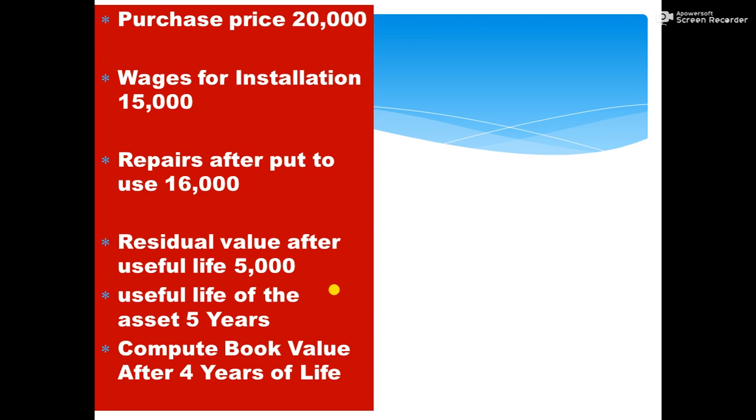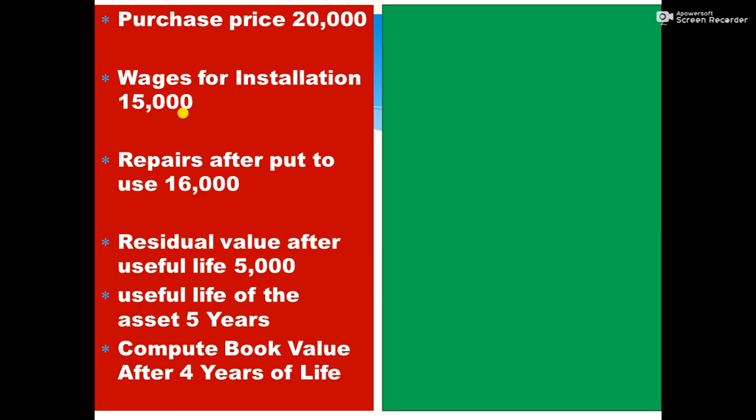In this question, purchase price is directly given, 20,000, plus wages for installation, because that is a directly attributable cost incurred to bring the asset to the condition capable of operating as intended by the management. Therefore, the cost is 20,000 plus 15,000, that is 35,000.